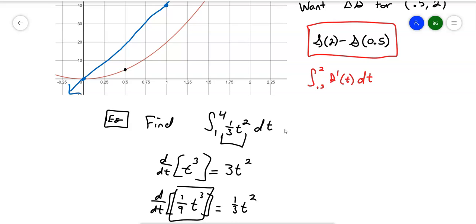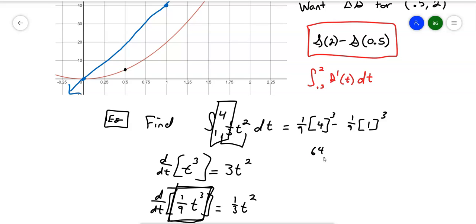The fundamental theorem says all I need to do now is take 1/9 4 cubed minus 1/9 1 cubed. It says I just evaluate this function, take the difference of those function values at those endpoints. And so that's going to be 64/9 minus 1/9. It's going to be 63/9.